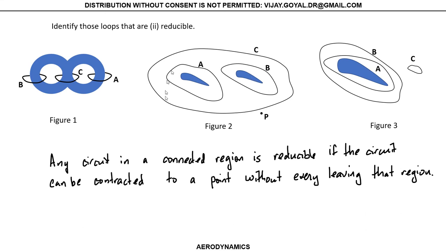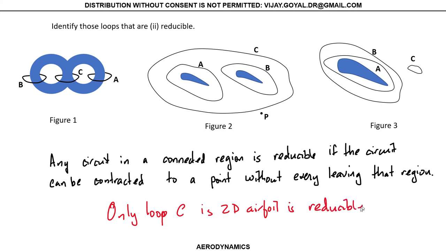And obviously, this region cannot become a point. A and B cannot become a point because of the airfoil. However, C can. So the answer is only loop C into the airfoil is reducible. Okay?